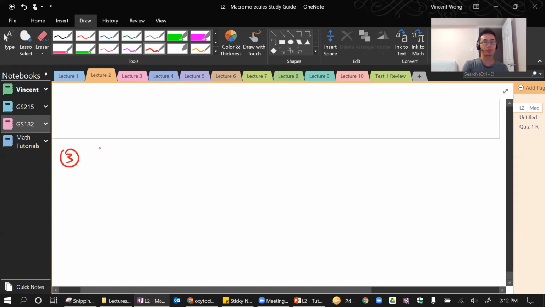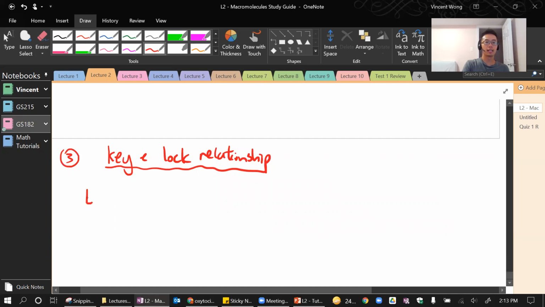So number 3, okay, key and lock relationship. Okay, so let's quickly talk about what an enzyme is again, and how it works and stuff like that. Enzyme. So enzyme is a biological catalyst.